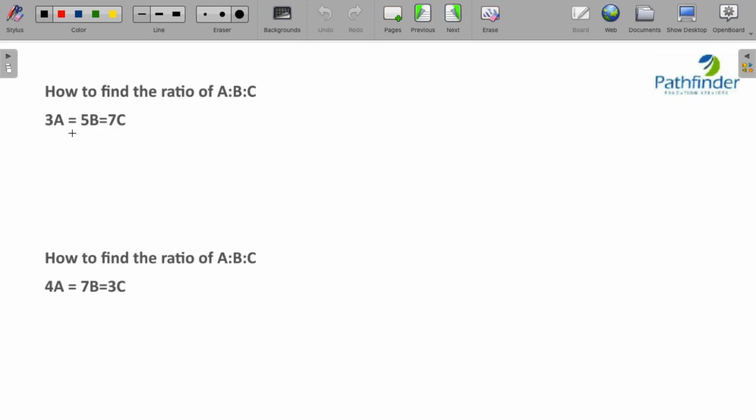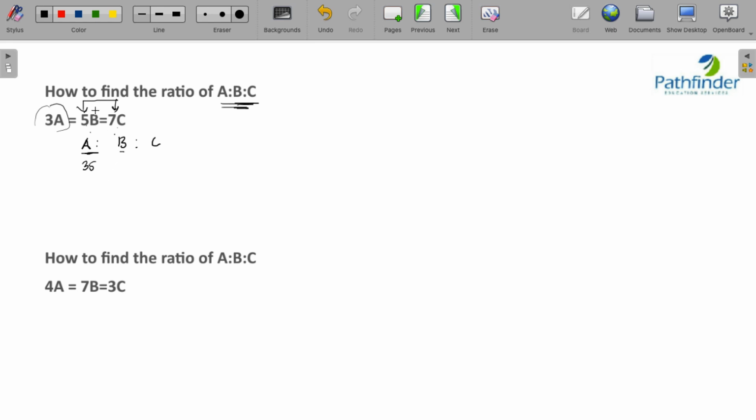Next, suppose 3a as to 5 is given as equal to 5b is equal to 7c. And I want the ratio of a as to b as to c immediately. So what we need to do is, if I want to write down the ratio for A, just ignore this term and multiply the coefficients of B and C. So 5 and 7, 5 into 7, 35.